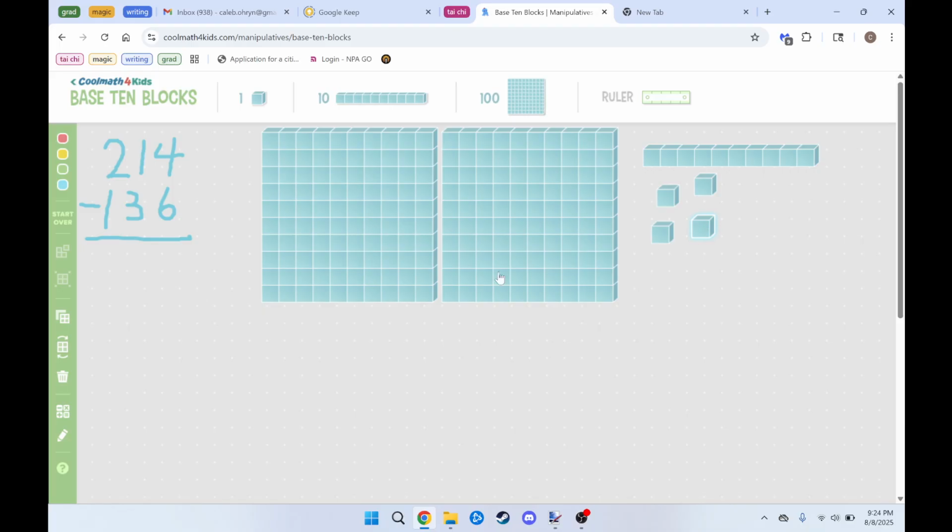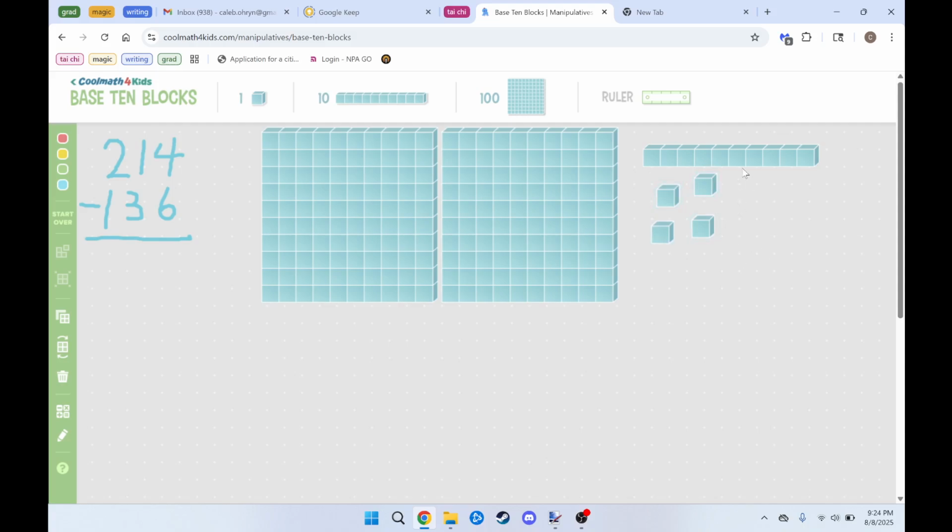To solve this problem using this strategy, we will start with our ones place. So we have 4 minus 6. And if you'll notice, 6 is bigger than 4, which means we don't have a convenient way to currently solve that problem, as we only have 4 ones here and we need to remove 6.